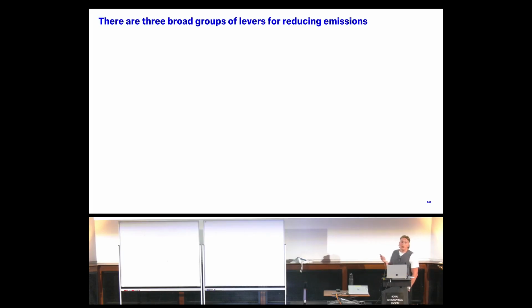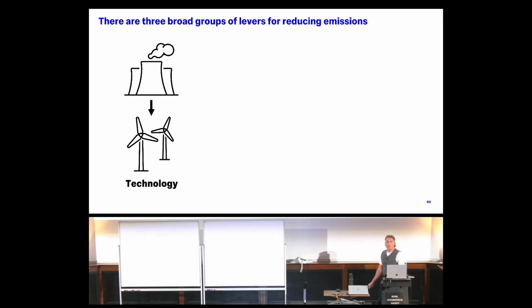There are lots of different ways in which we can mitigate climate change and reduce emissions, but they can be categorized into 3 broad groups of levers, if you will, that we can pull. The first, and perhaps the most obvious, is technology, right? We've discussed wind and solar, substituting high emission fossil fuel infrastructure and technologies for low carbon alternatives, and in turn displacing the emissions that previously would have arisen.